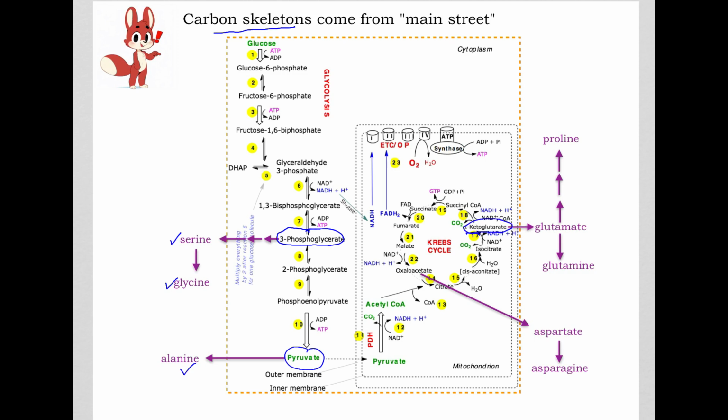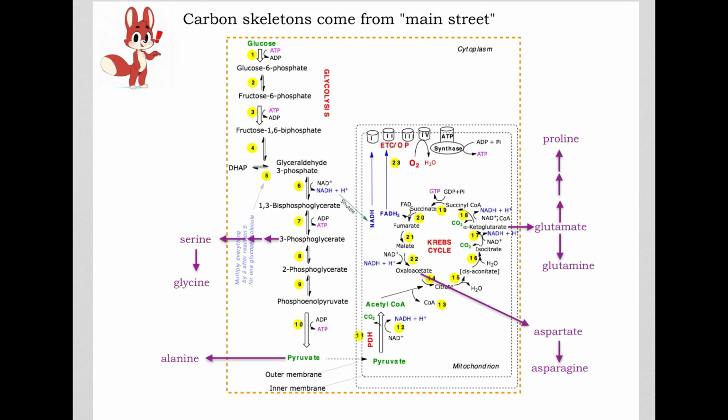Alpha-ketoglutarate in the TCA cycle gives us the carbon skeletons necessary to make glutamate, and from glutamate we make glutamine as well as proline. Oxaloacetate in the TCA cycle gives you the carbon skeletons to make aspartate, and from aspartate we make asparagine.